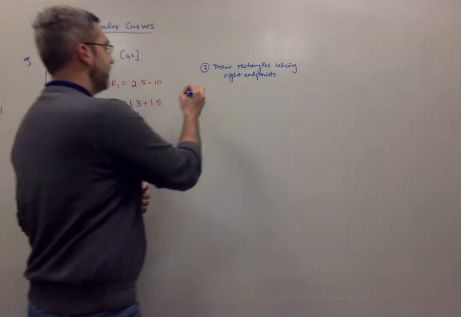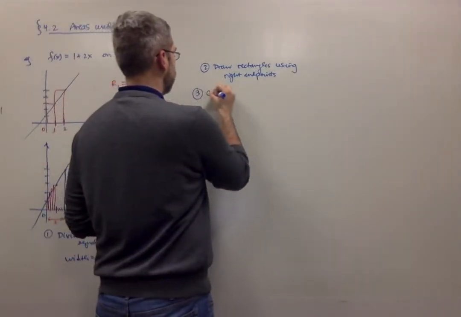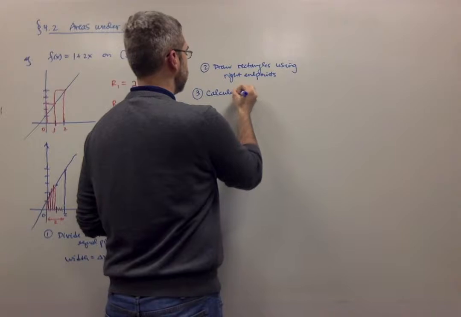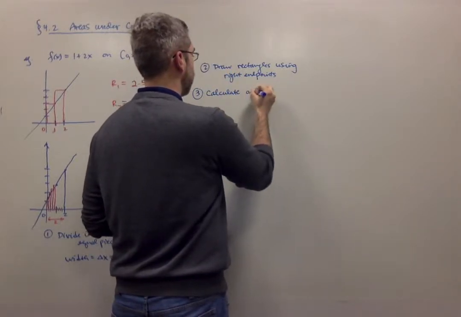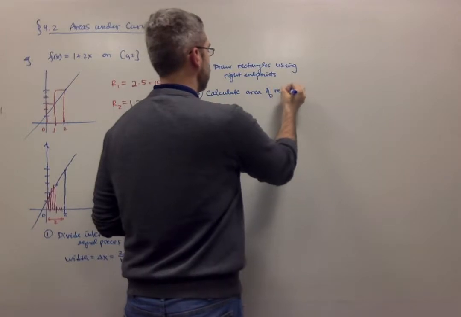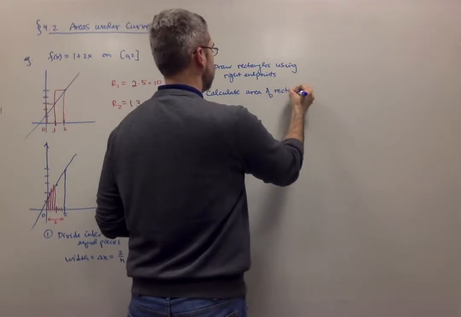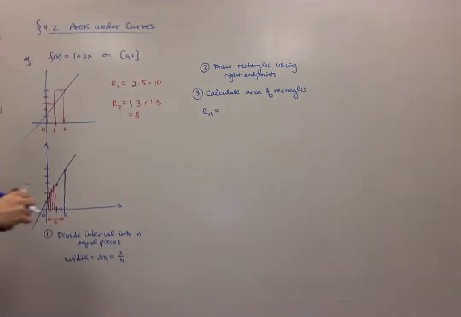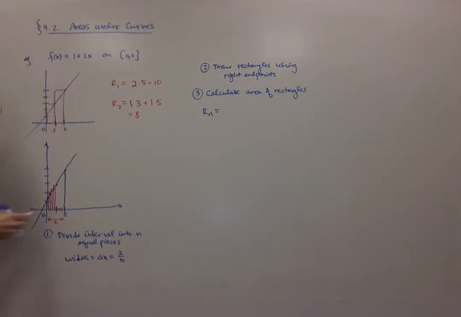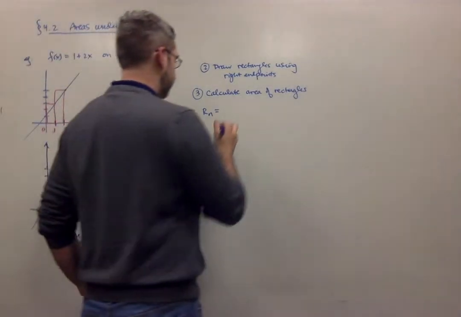All right, and then I need to calculate the area of all those rectangles. The area is going to be the total area of the rectangles. We're going to call that Rn. So the first rectangle is 2 over n wide. That's what we decided down here.